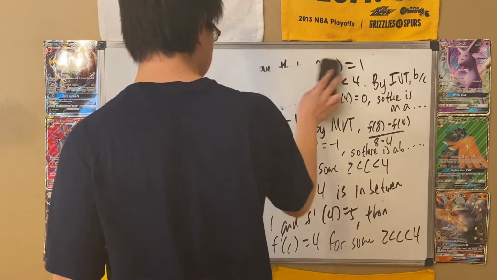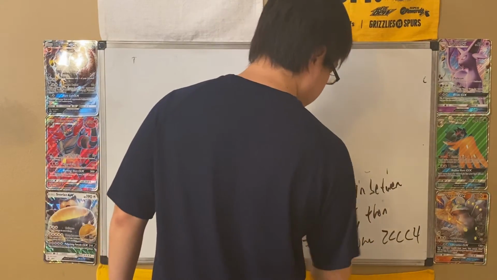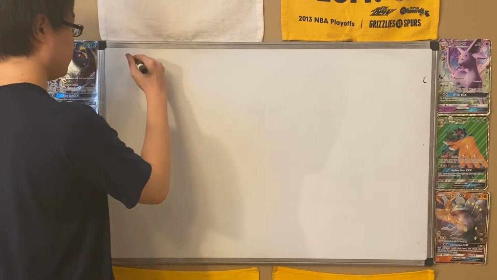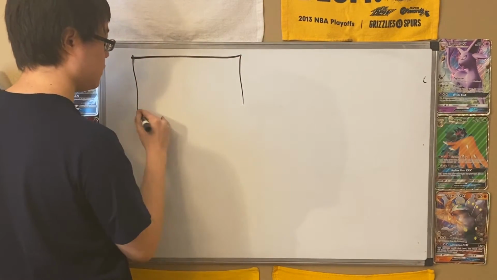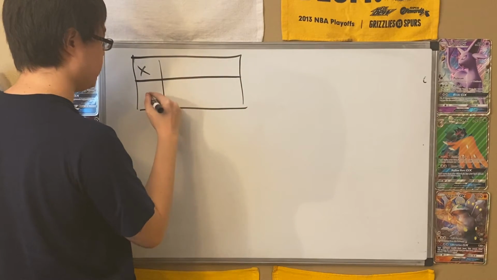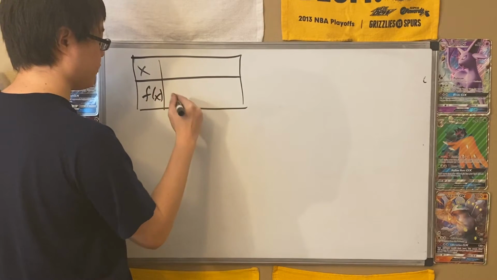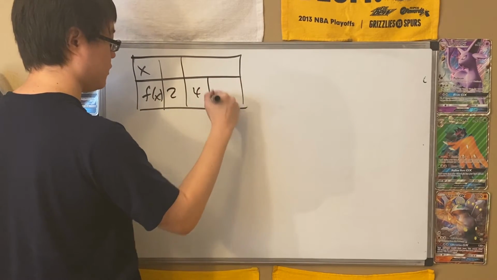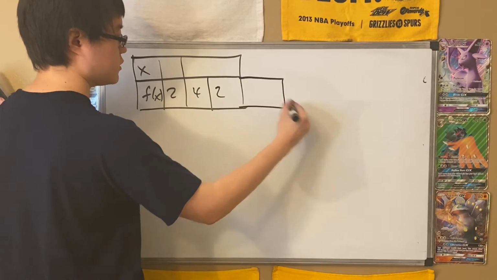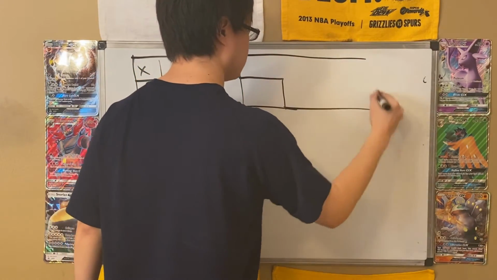So let's erase this one last time. We're going to take another table, one last table. We're going to populate it with random numbers or pseudo-random numbers. We're going to have f of x, we're going to have 2, we're going to have 4, and then we're going to have just maybe a really long table now.